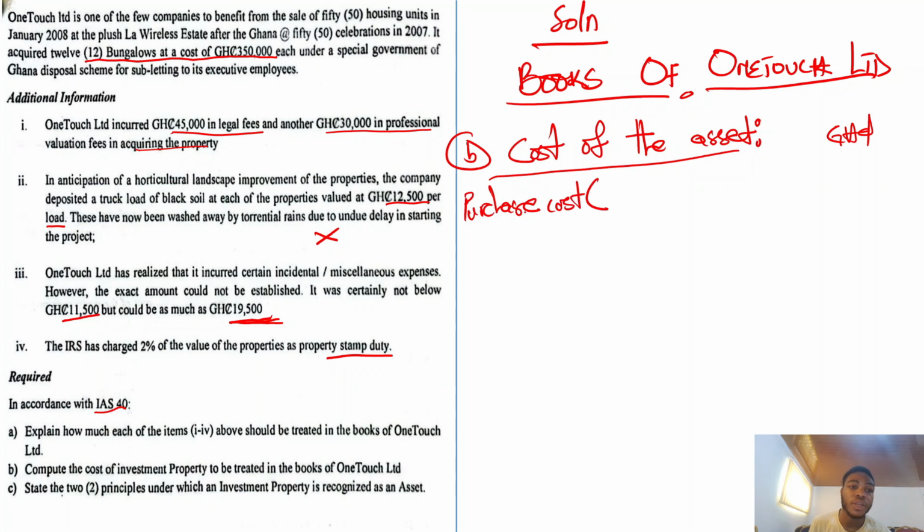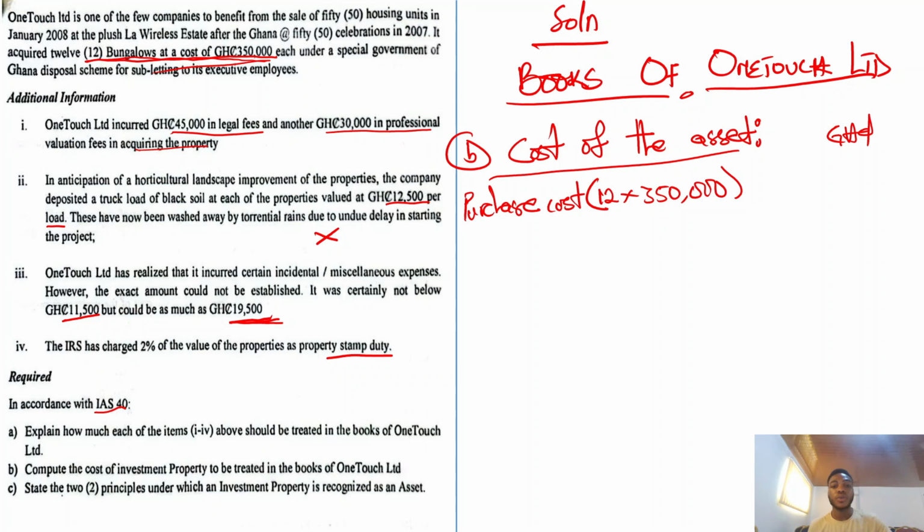How many were they? There were 12, right? At a cost of 350,000 each. They mentioned it, so that information is here in case you are lost. 12 times 350,000 each. So make sure you get your calculators, because I also have my calculator with me.